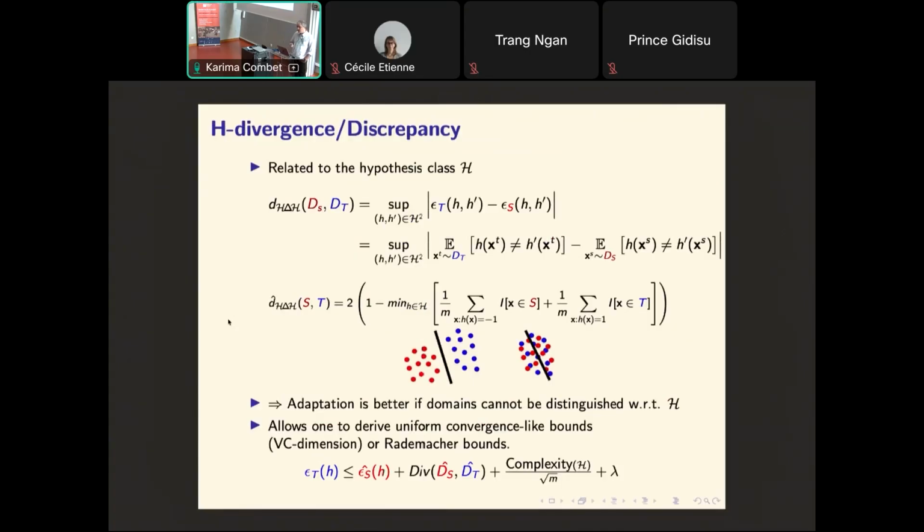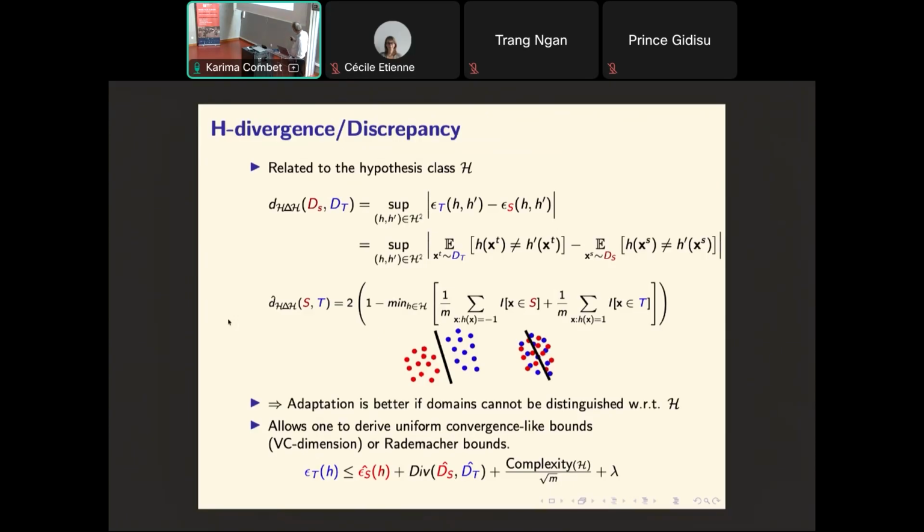Beyond the formulas, the idea is that if I have my source domain here and my target domain here, and a classifier from my family of classifiers can separate the two domains, this means that they are very different. Okay, so the divergence is high. If I cannot find a classifier that separates the two domains, then my two domains are close, and it's better to adapt. Okay, so the divergence will be small.